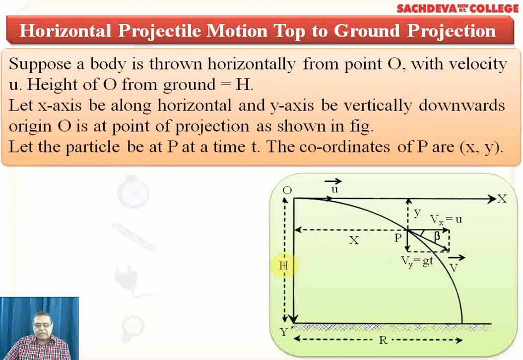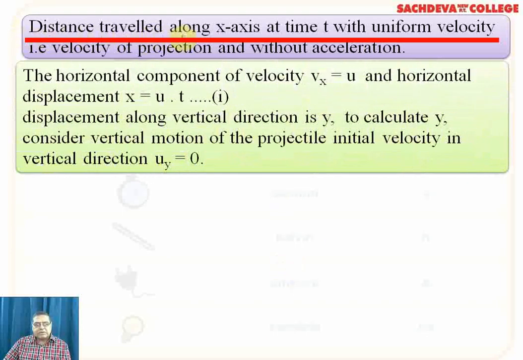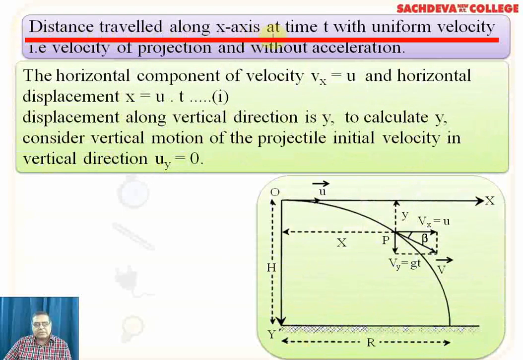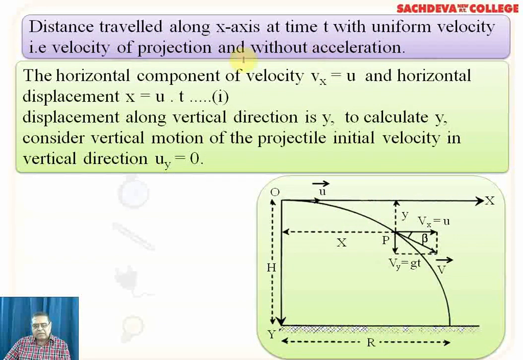Now, the coordinates of P are x and y. Distance traveled along the x-axis at time t is with uniform velocity, that is the velocity of projection, and without acceleration. So, in the figure, it is mentioned Vx is equal to u and Vy is equal to gt.